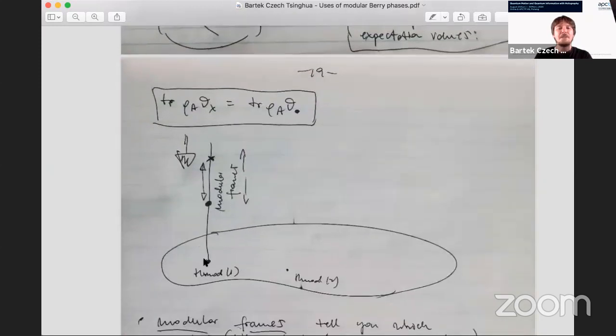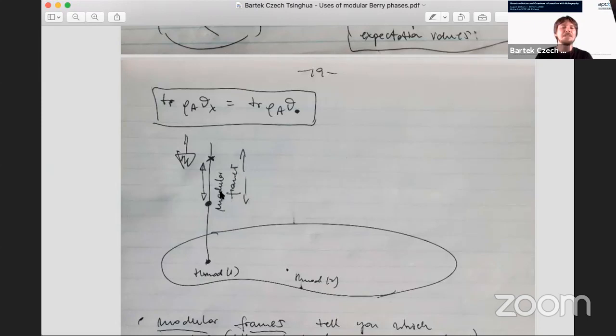Modular frames are the different ways in which operators that look identical in my specific entanglement wedge are related to each other. But I have to remember that these are actually distinct operators, and in other states they would be distinguishable. They just happen to be indistinguishable in my particular state. These different ways in which such operators can be related to each other are called modular frames.